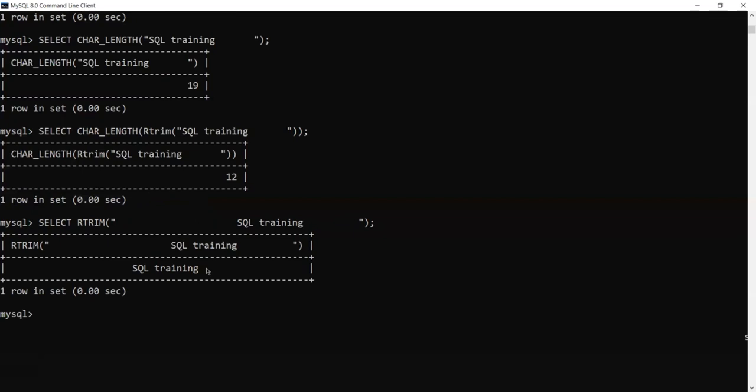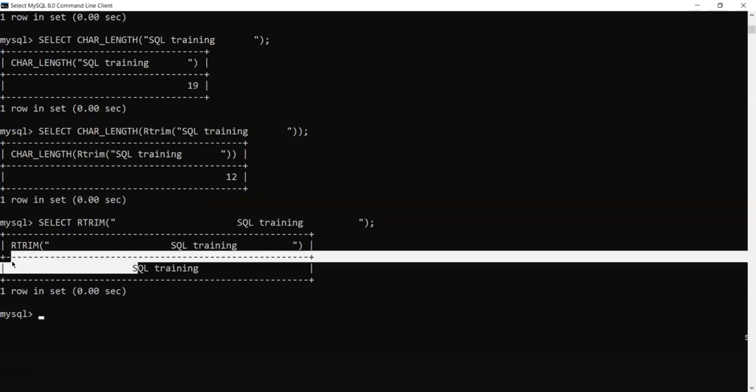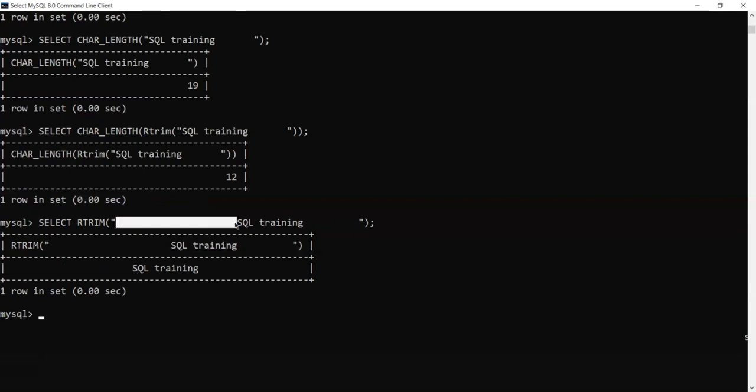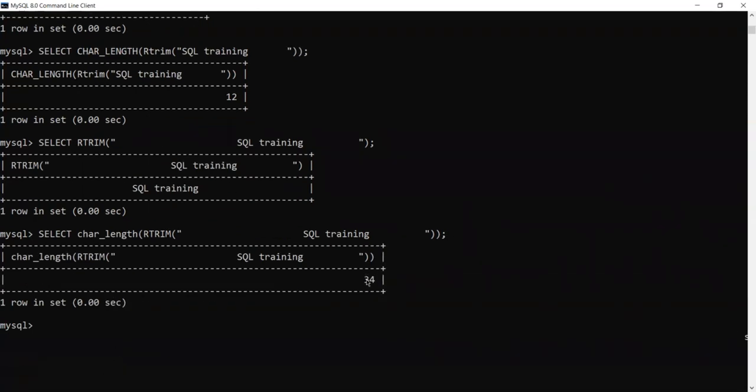As you can see, the end spaces are removed, but the spaces before that are still there because that is not handled by RTrim. So how do we validate whether our string has changed or not? We'll take the char length. Now this is 34. After trimming, it is 34. Now what if I don't trim?